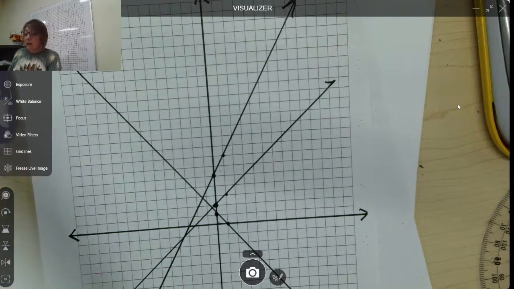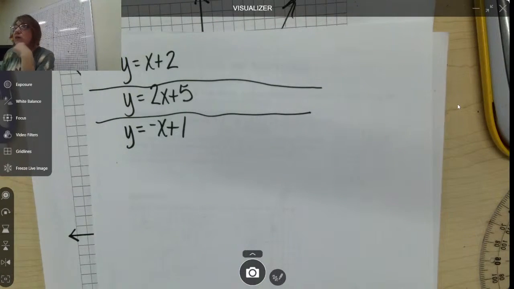However, this was not each individual equation.